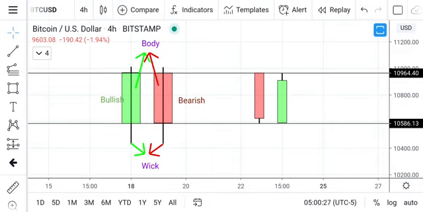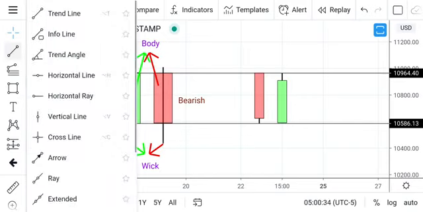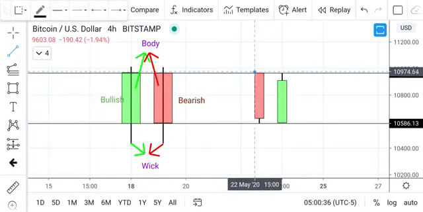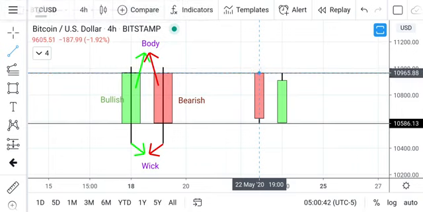There's also what we call swing high and swing low. Swing high means the highest point of the candle, and swing low means the lowest value of each candle.